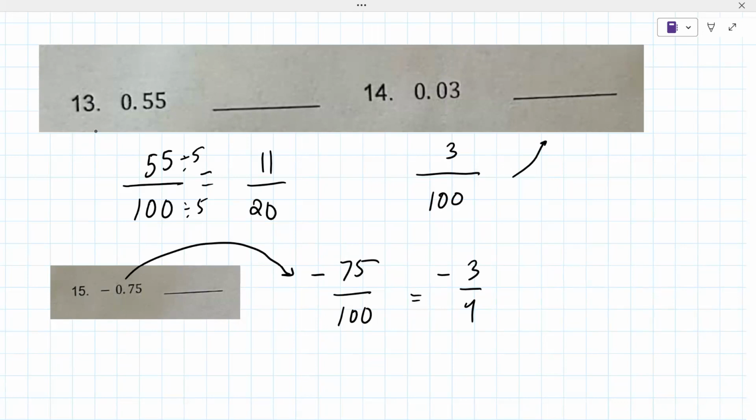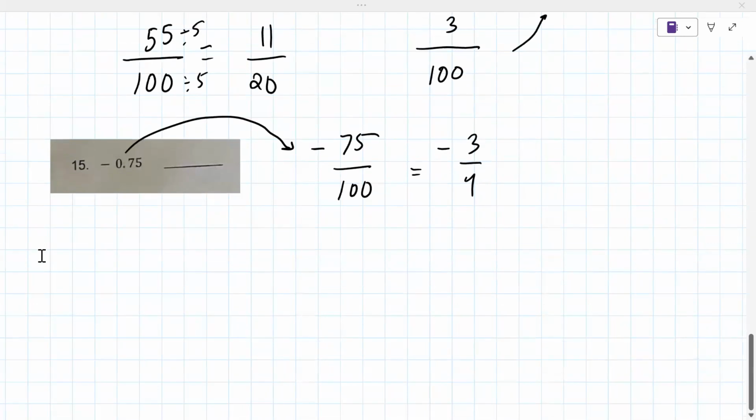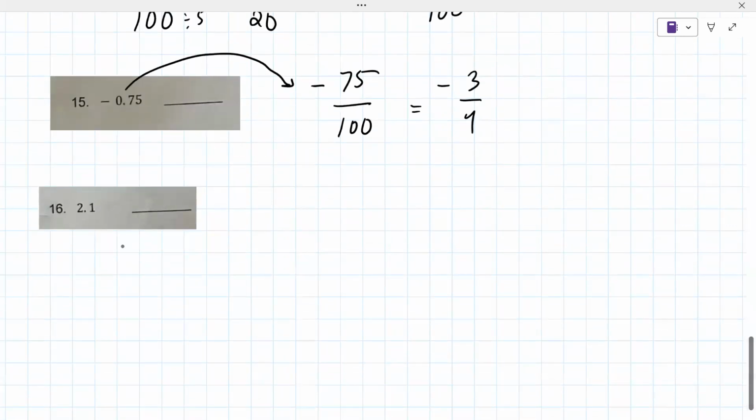2.1. So 2 and what? So that's 2, and then add in the... So think of it as just 2 and then look at the 0.1, convert that to... so just 1 over 10?